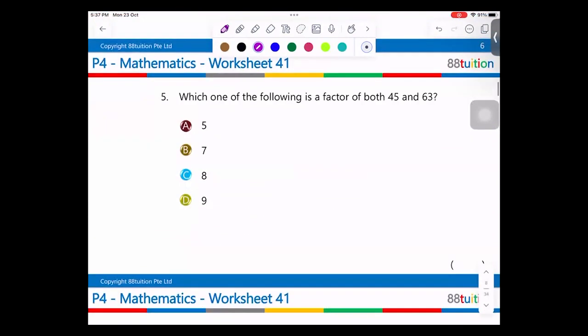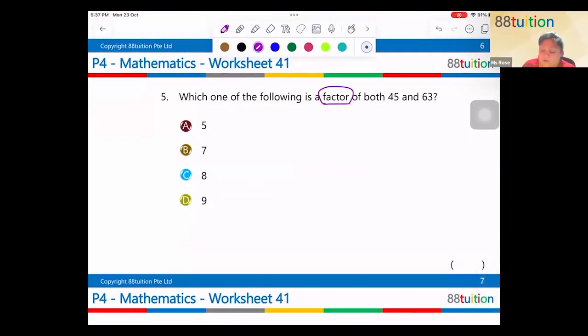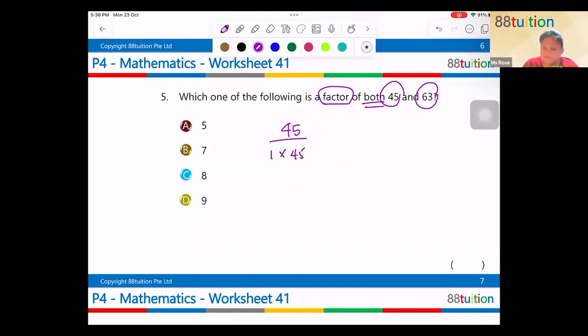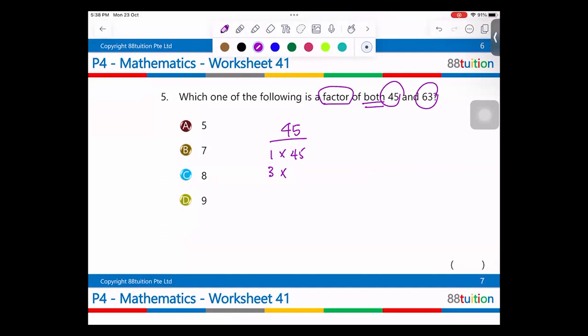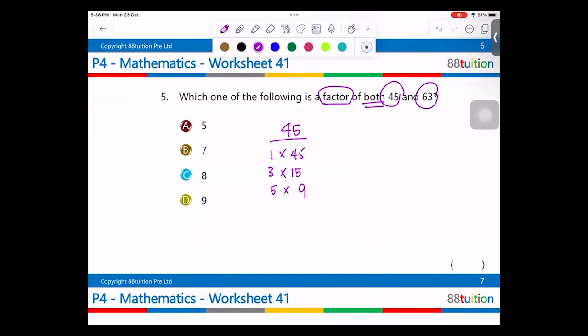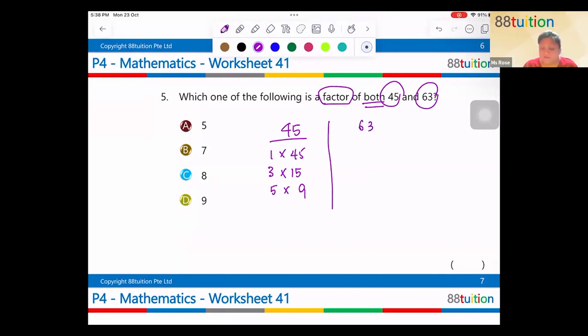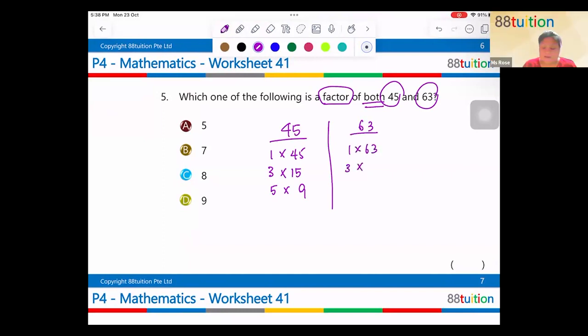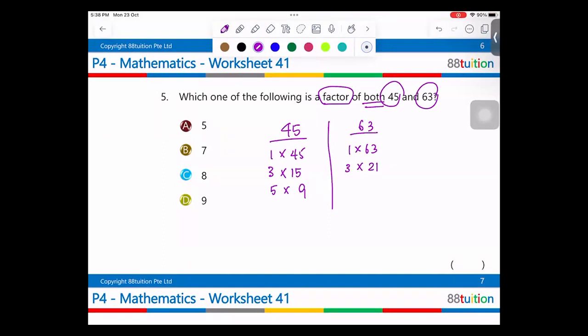Question 5. Which of the following is a factor of both 45 and 63? Factors of 45: 1 times 45, 3 times 15, and 5 times 9. Factors of 63: 1 times 63, 3 times 21, and 7 times 9.